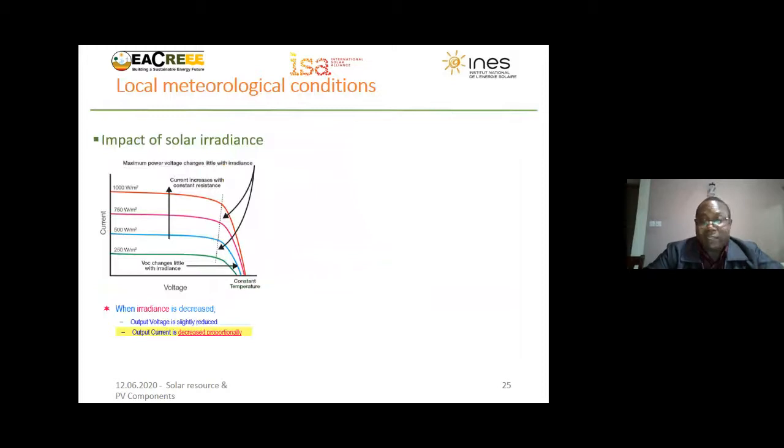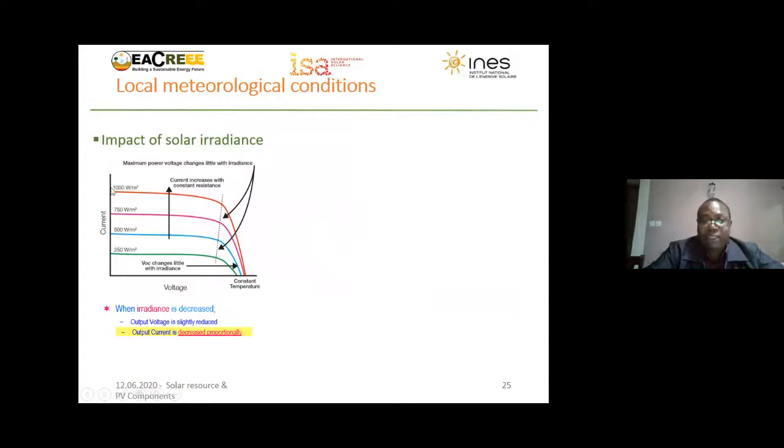Generally, irradiance affects three variables in solar PV performance. One of them is the current. With irradiance at, for instance, 1000 watts, you'll see the short circuit current being very high.